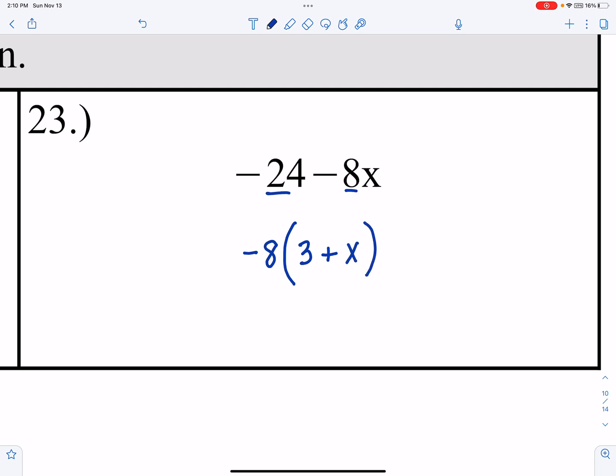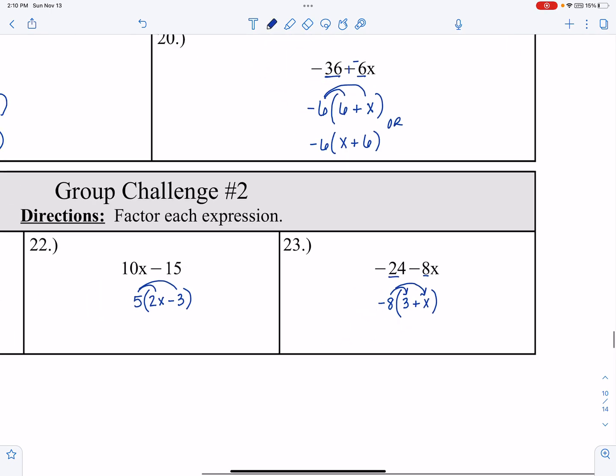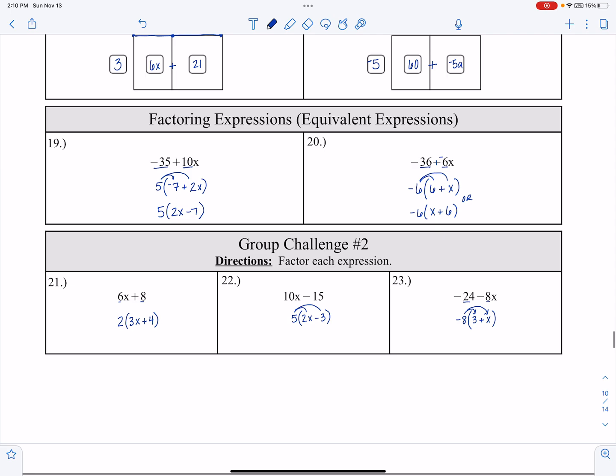Okay, so really think about what this turns into. So double check your work here. So I have a negative 8 times 3 is a negative 24, and then a negative 8 and an x is a negative 8x. So this does show to be the exact same thing. So double checking again to make sure you're good is really important. Okay, all right, that's it for that. Good job.